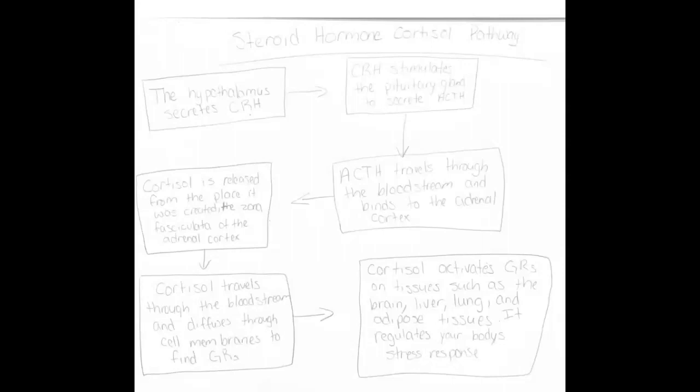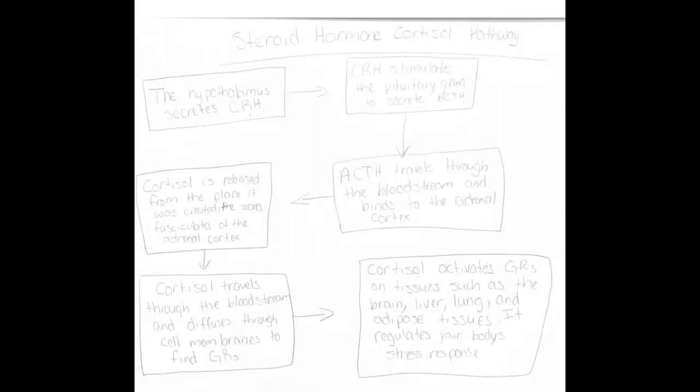It secretes corticotropin releasing hormone, CRH, and that in turn stimulates the pituitary gland to secrete ACTH, which is the adrenocorticotropic hormone. And this hormone travels through the bloodstream and binds to the adrenal cortex.